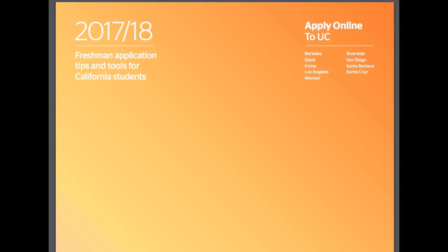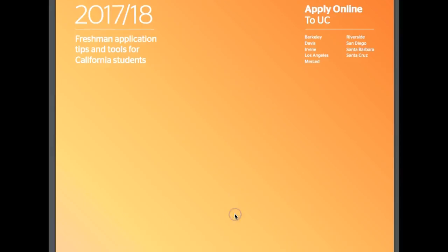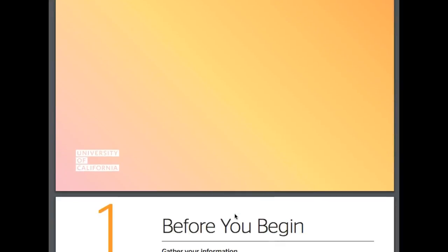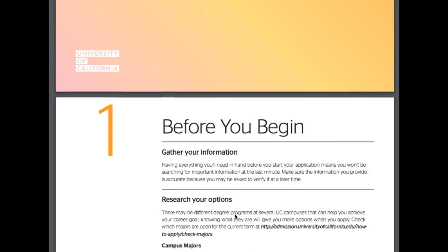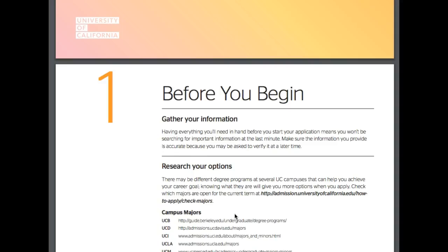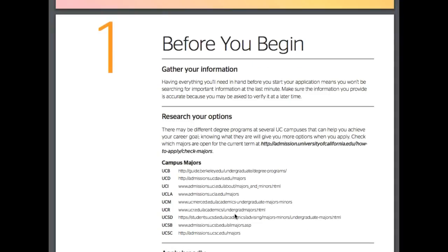Also in Powerhouse, you're going to find the 2017-2018 Freshman Application Tips and Tools for California Students applying to UC. And it's 2017-2018 because that's when you're going to be a first-time freshman on a UC campus, hopefully. So this is something that you can download, and it gives you information before you begin, what you need to gather.